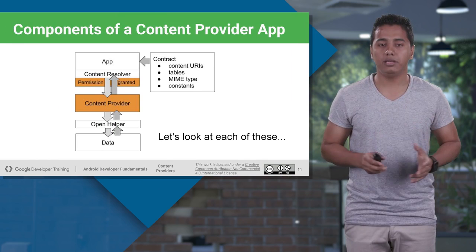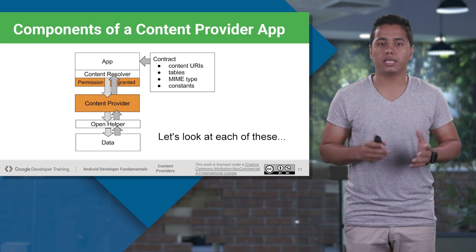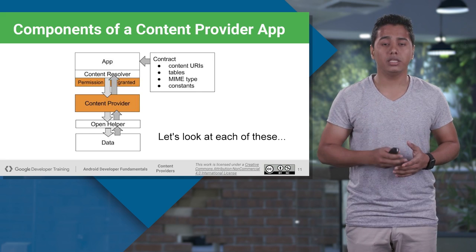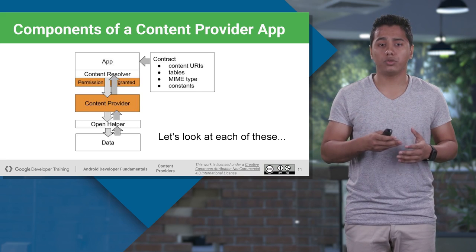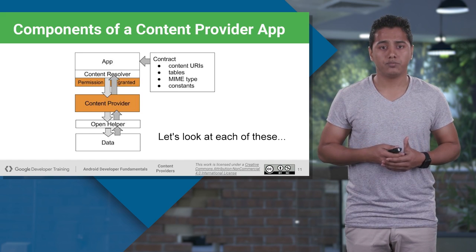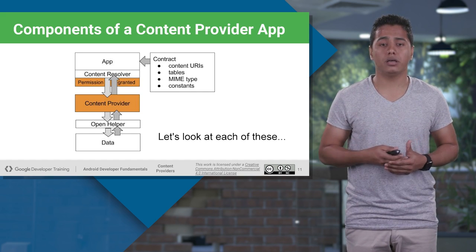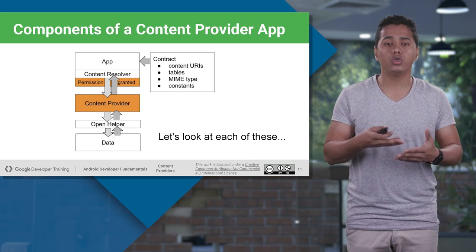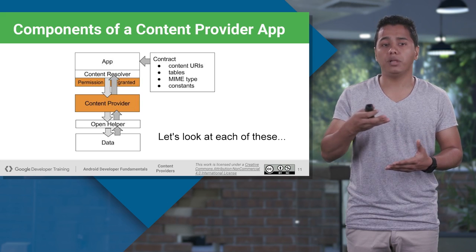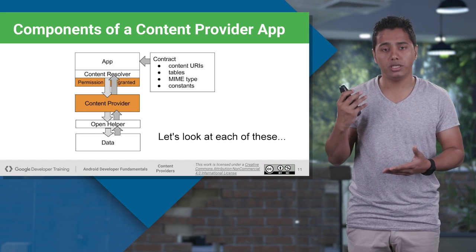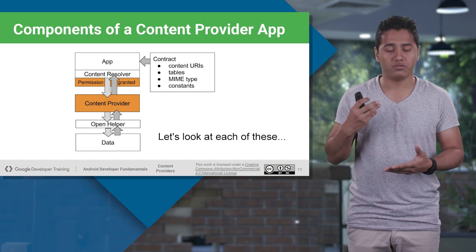So this is the high-level diagram of what happens inside an application which contains the Content Provider. There will be your app, and inside your app, to access the Content Provider, you will be providing the Content Resolver object. And after the Content Resolver object, there will be a permission also which you put inside the app, so that if another application wants to use your Content Provider, they have to put this permission inside their manifest file.